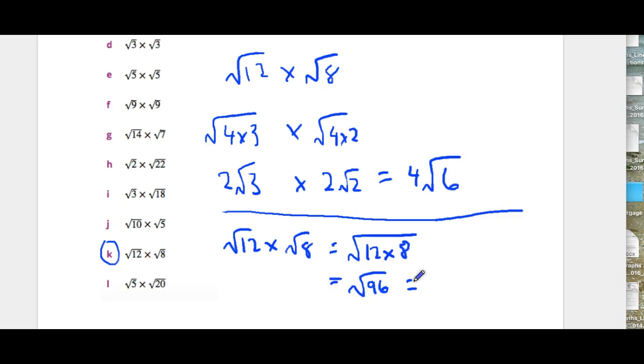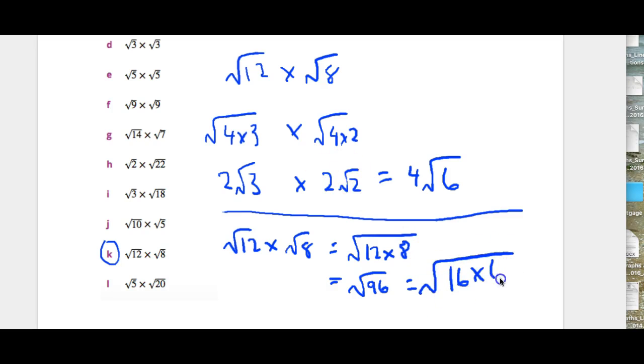I know 4 goes into 96, but it's probably not the highest. I know 16 does, just because I'm looking at the answer. So 16 times 6 must be 96. Let me just check my calculator. Yeah, 16 times 6.